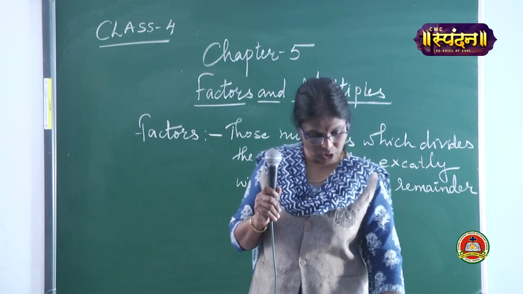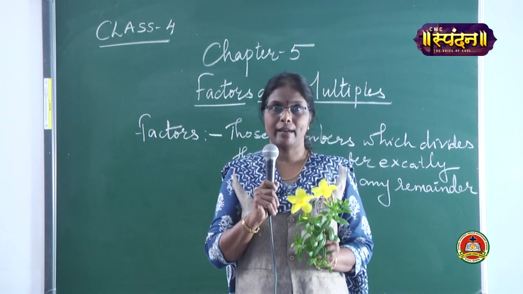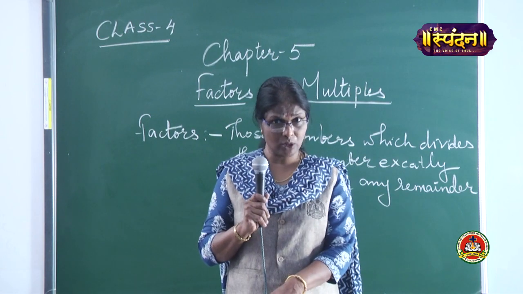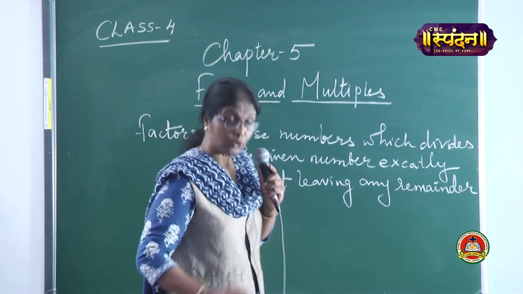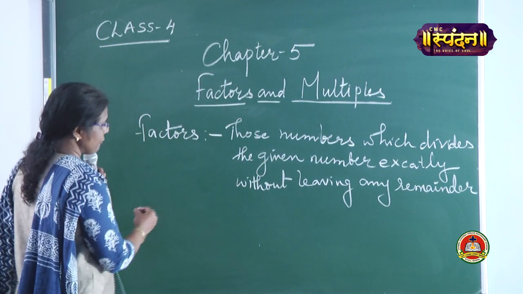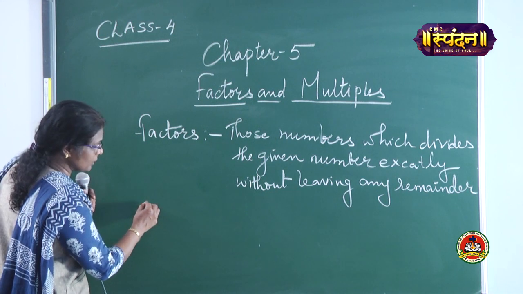This is the first bunch, this is the second bunch, and this is the third bunch I have made. That means nothing is left out. That means I have arranged these flowers as 2 bunches of 3 each, or 3 bunches of 2 each.